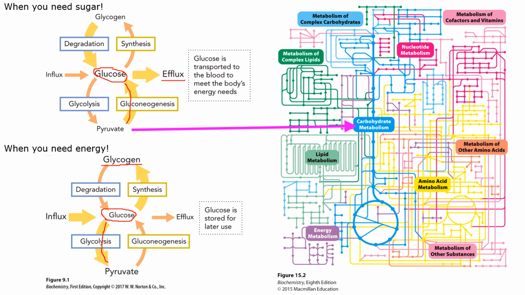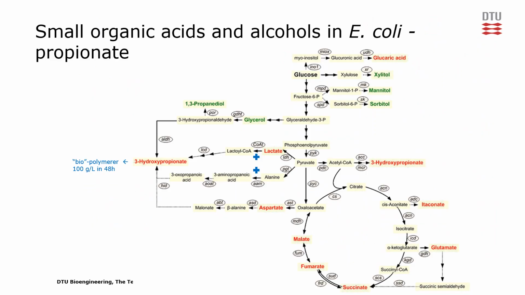On your right-hand side, you see the big picture that I like to show about biochemical metabolism, and we're going to talk about the main highway in the middle. It's also useful for biotechnology purposes, for example with small organic acids in E. coli.